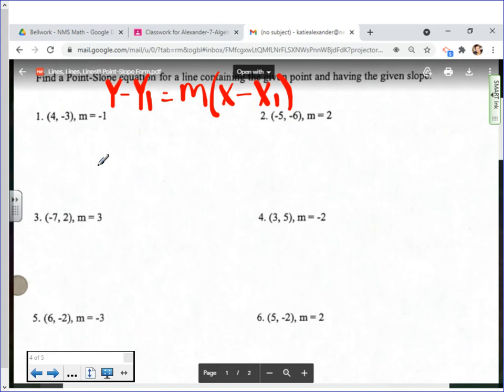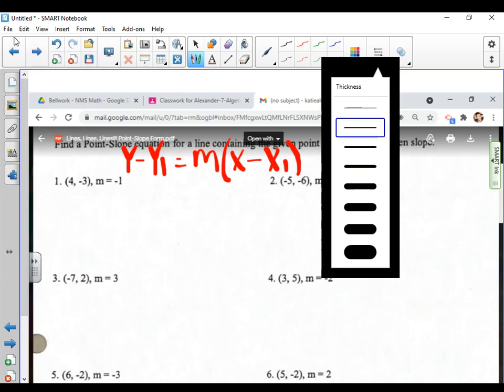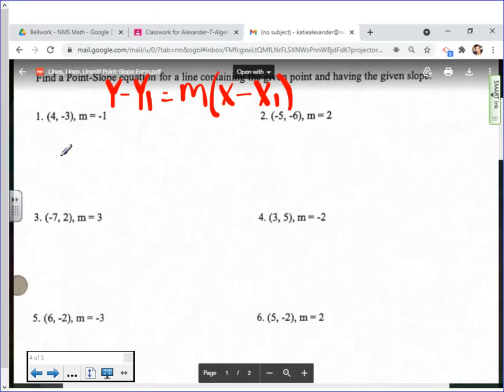What you're going to do on every single point, and I'm not asking you to do it, this is like you should do this. Every point, what comes first, x or y? So this is going to be x1, and this is going to be y1. Everybody needs to put those labels underneath that point. I have done math for a long time.